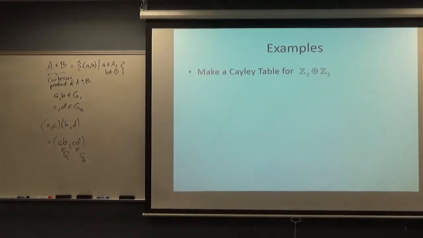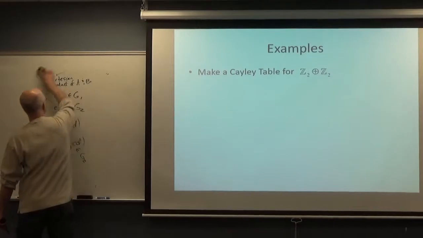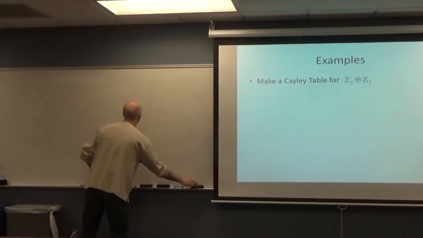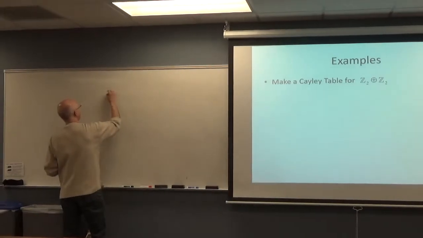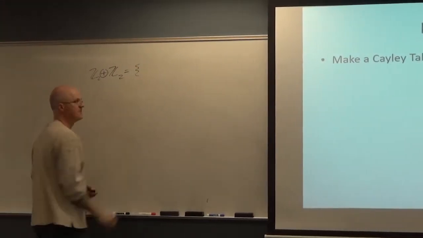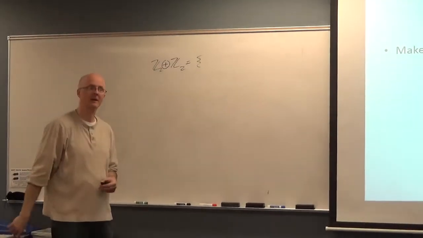Let's quickly make a Cayley table for Z2 external direct product with itself. As a set, it's the set of all ordered pairs whose first and second components are from Z2.